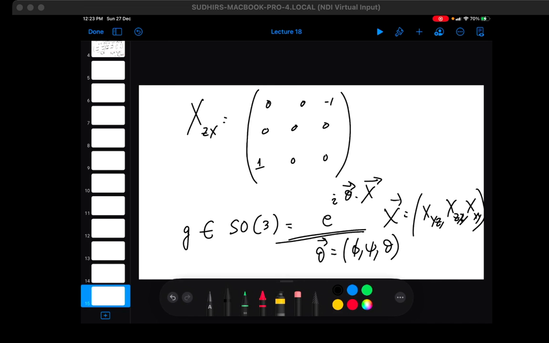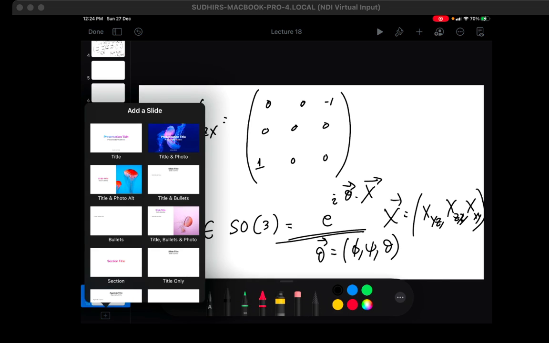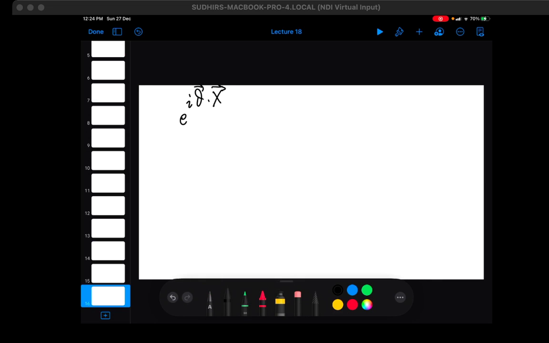Now the point is, what happens if you expand it further? The first term would be the linear term. So let's just expand G, e to the power i theta bar x bar. This is a group element for you.